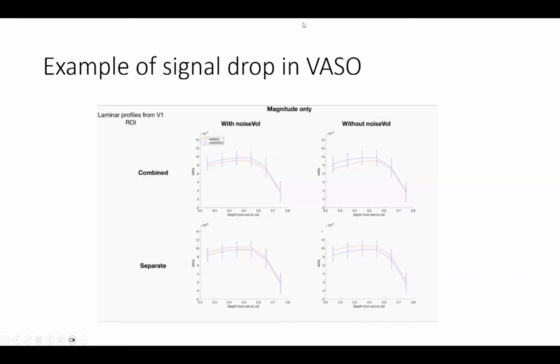And here's an example of a layer profile, again from Renzo's blog. One can see Nordic data in red, and we can see standard data in blue. This is percent signal change for complex and magnitude data. You can see that in the complex data, for example, when running Nordic on combined VASO and gradient echo, there seems to be a significant drop in percent signal change in the inner layers, which is something that we don't want.